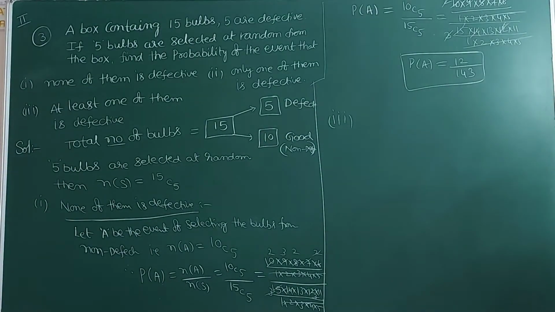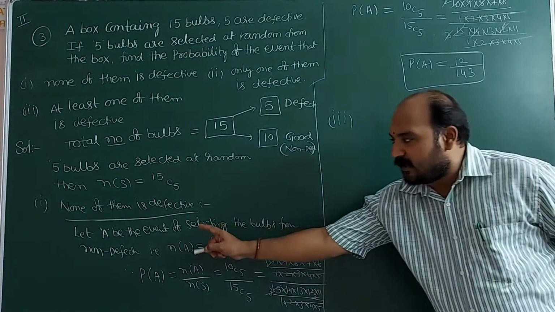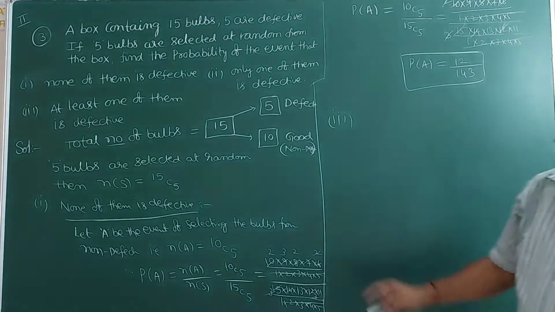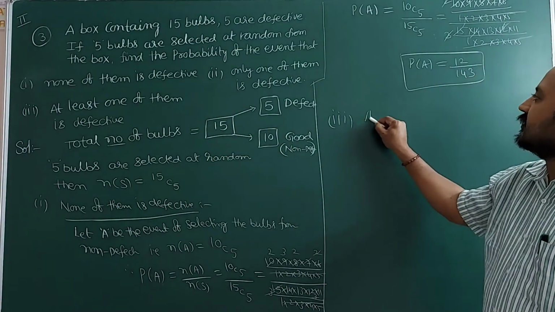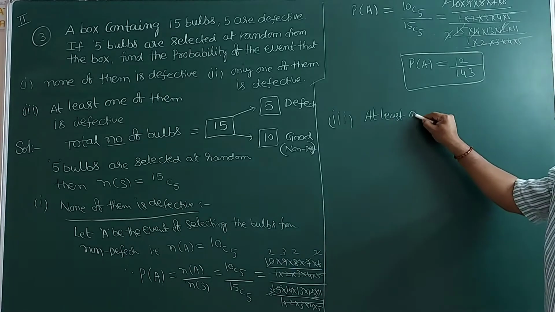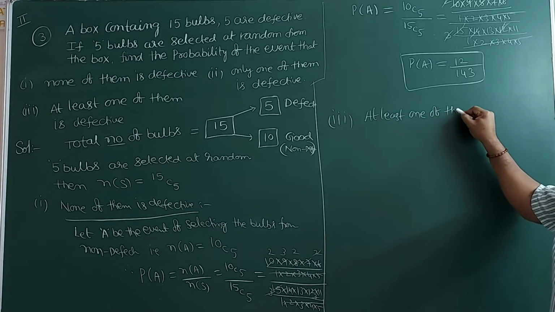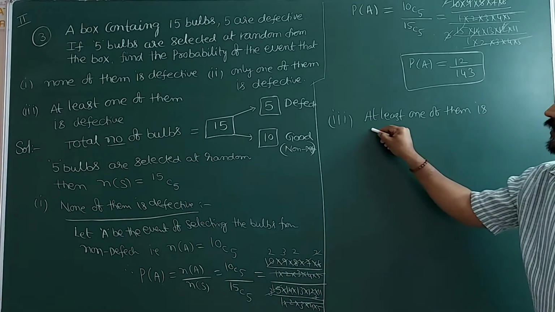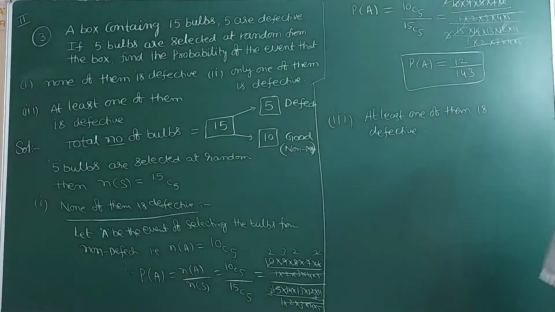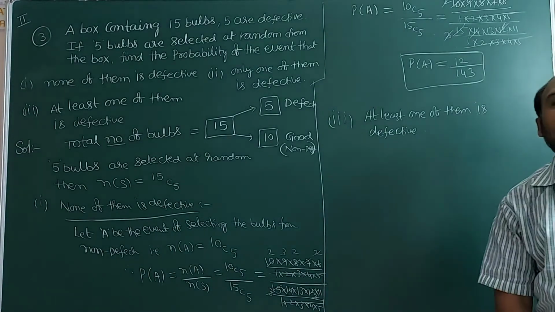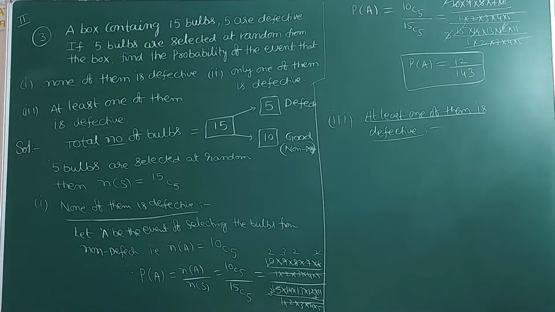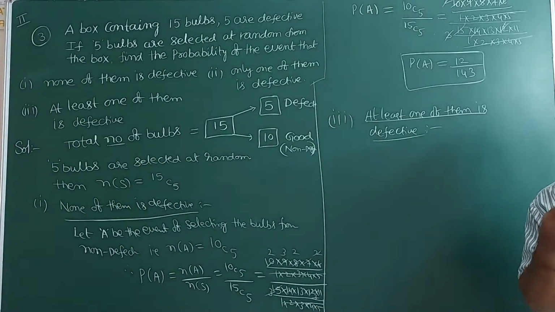Observe, dear students. Let A be the event of selecting bulbs from non-defective. But the third question is: at least one of them is defective. At least one of them is defective means either 1 is defective, or 2, or 3, or 4, or 5 also defective.